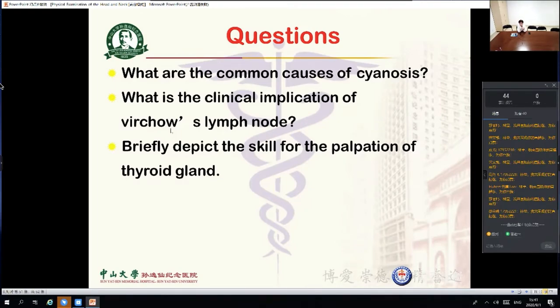So these are all important and you need to know. And the second part of today's talk, I showed you how to perform the physical examination of the neck. And these are the key points of today's lecture.